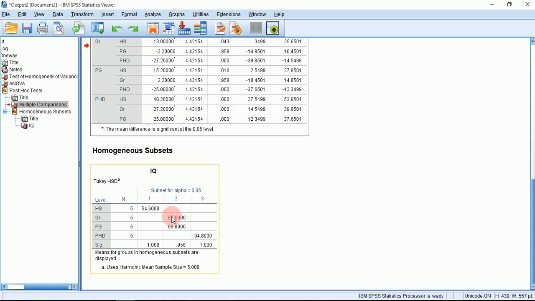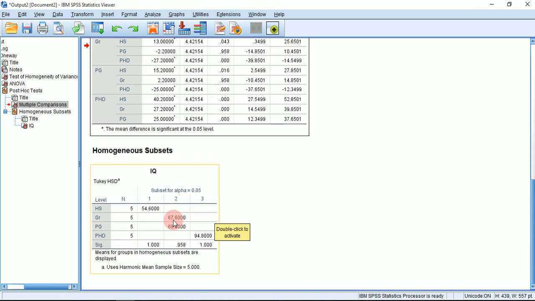The graduates' mean value is 67.6 and the postgraduates' mean value is 69.8. The difference is about 2.2. So these two groups have the least difference between them. This is why these two groups are homogeneous subsets here.